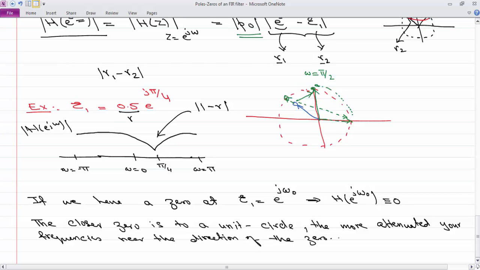Okay. So the direction of the zero tells you the frequencies which will be attenuated, and the distance from the unit circle tells you how much they will be attenuated.